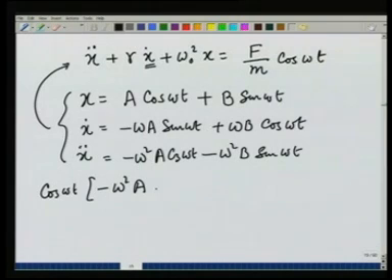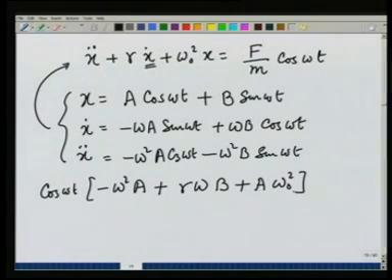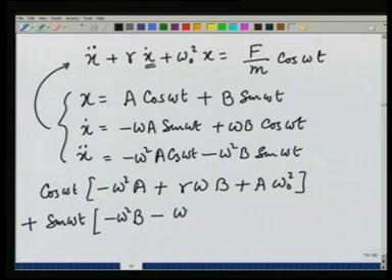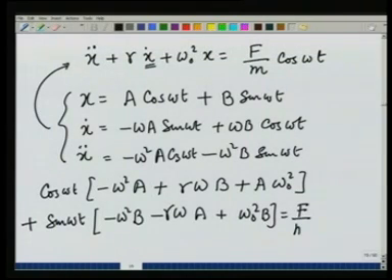From this term, I am going to get plus gamma omega b, and from the last term I am going to get plus a omega 0 square. Then collect the sine omega t terms, and I get minus omega square b minus gamma omega a plus omega 0 square b is equal to f over m cosine of omega t.